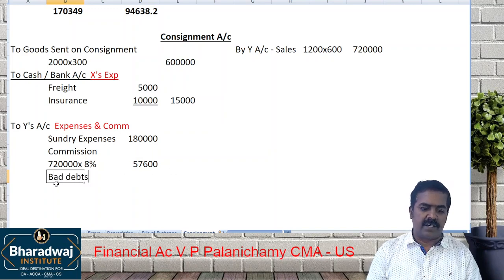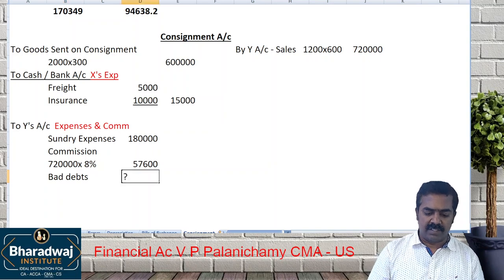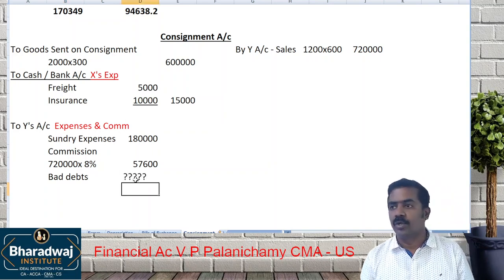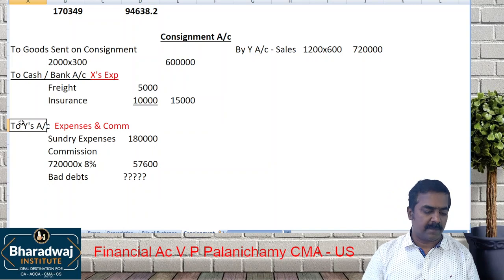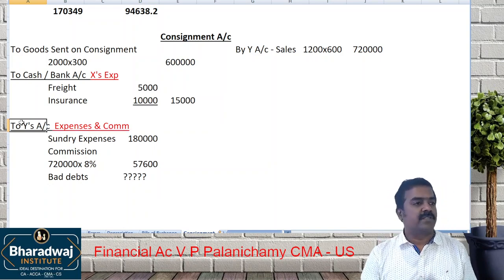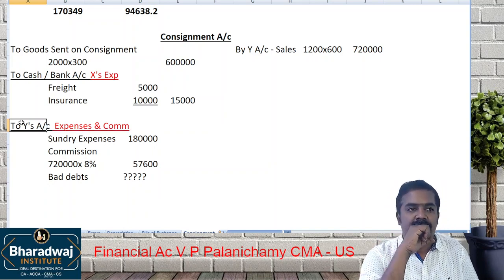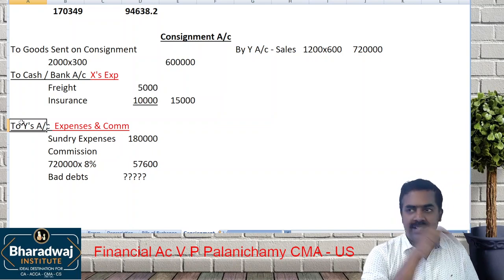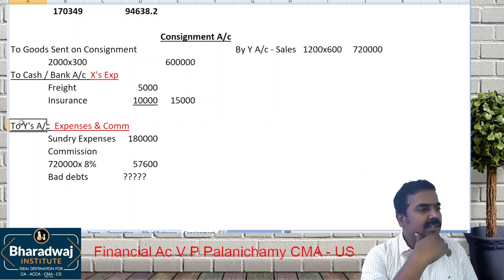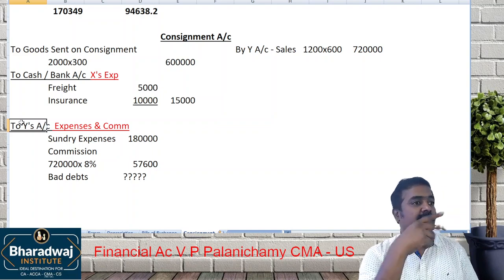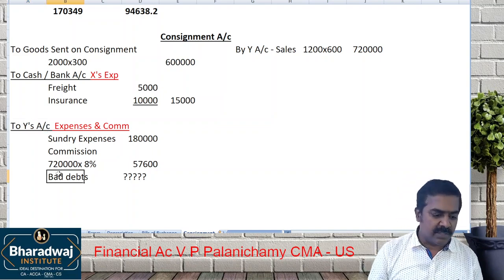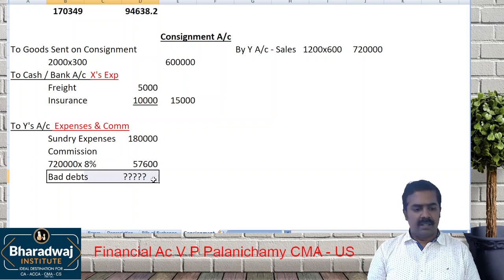Will bad debts come? No. Why no bad debts? Who bears the bad debts? The agent. The consignee will take care of bad debts, so it's not a loss for the consignor. It's an expense for the consignee only. So bad debts will not be recorded.